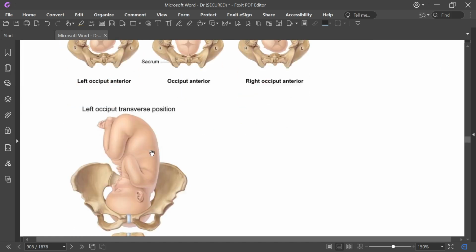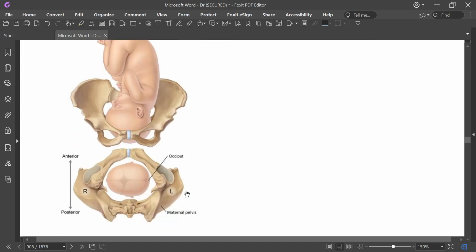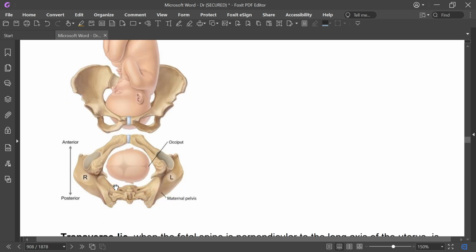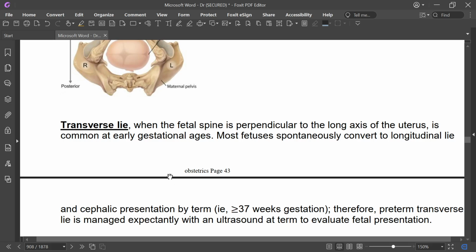And these can cause cephalopelvic disproportion. This is the occiput, this is the maternal pelvis, and these can cause cephalopelvic disproportion. It's very basic but very high yield.